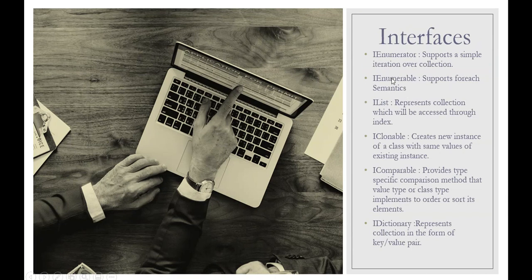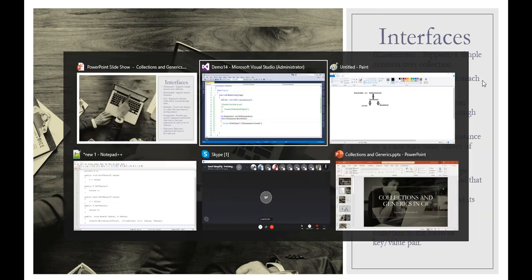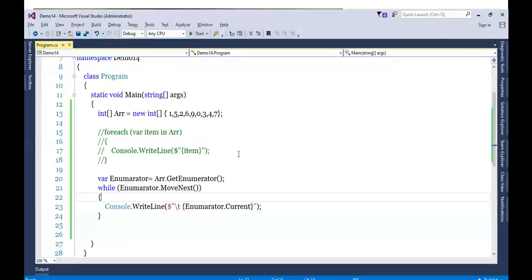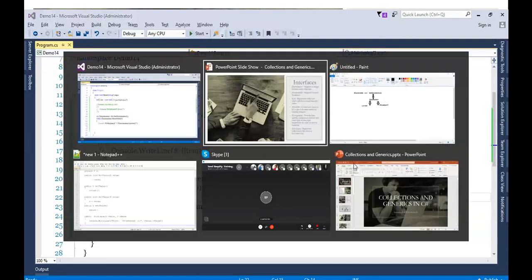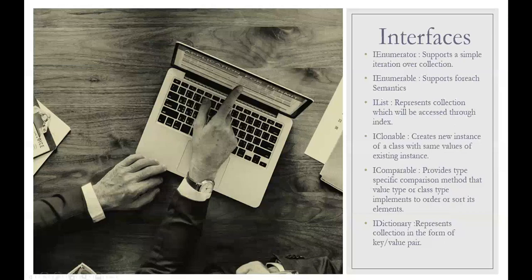So IEnumerable internally uses IEnumerator for iteration. What is IEnumerable doing? IEnumerable is fixing the upper boundary. IEnumerable is identifying the last element in a collection. This is how IEnumerable is working.